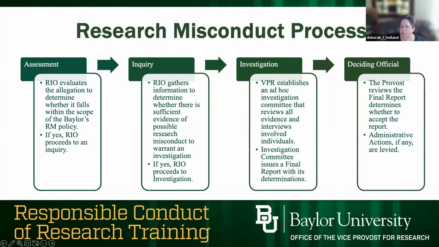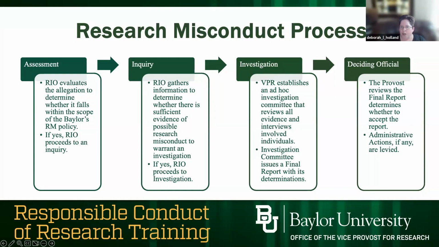If the deciding official doesn't accept the report, it usually will go back down to the investigative committee for them to maybe re-review the deciding official's comments and go forward from there. They may issue a new final report at that stage.